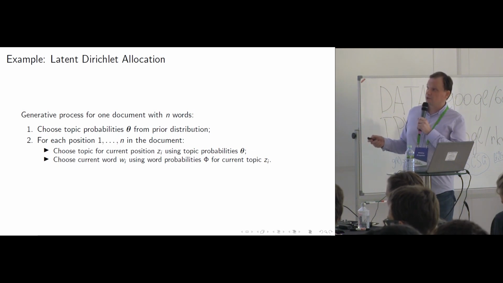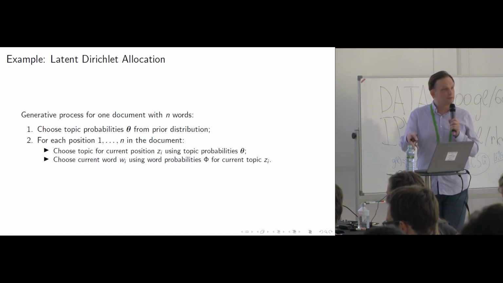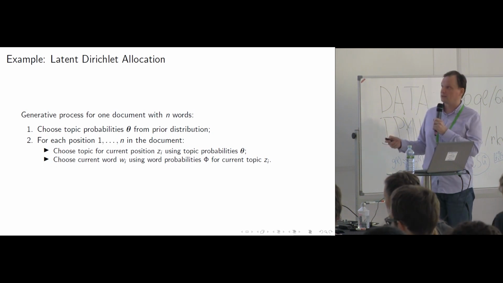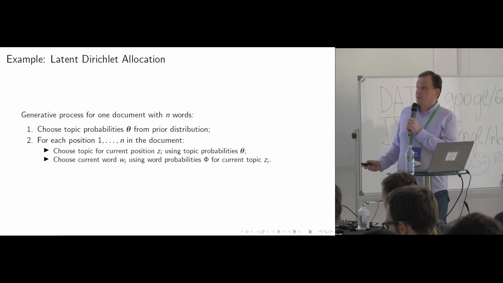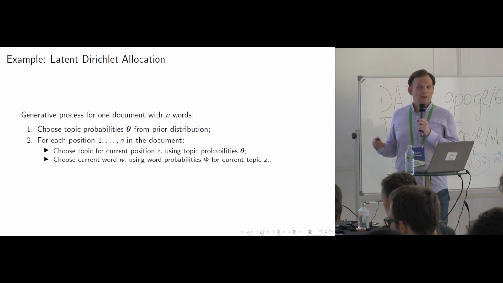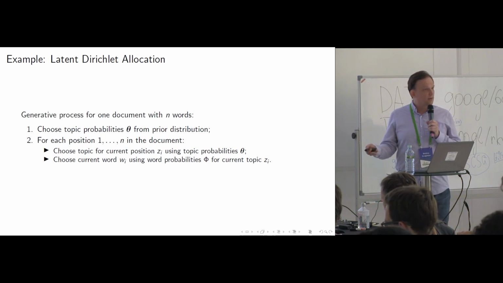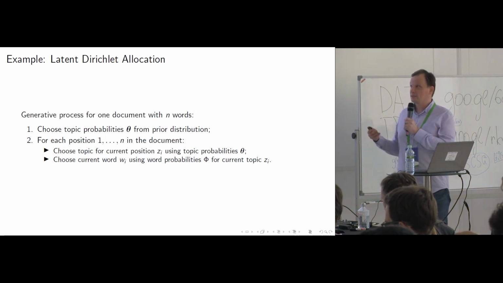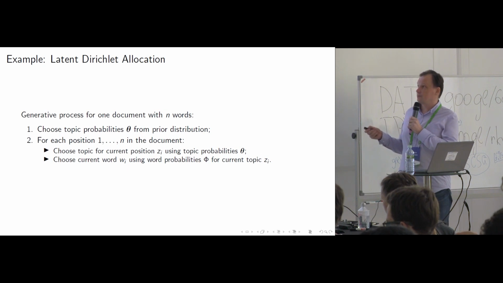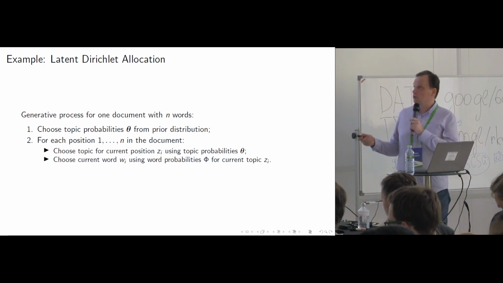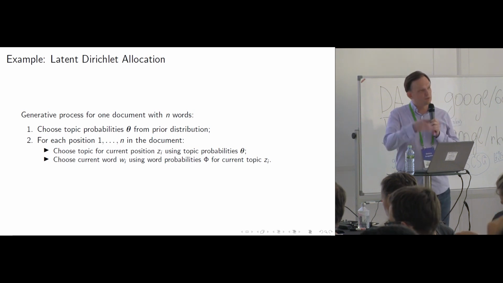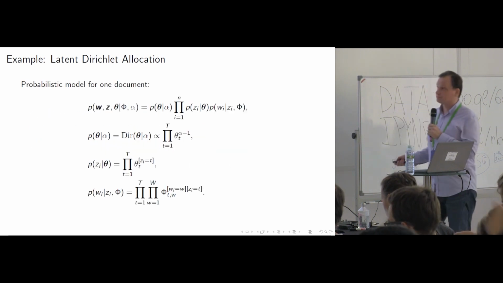And then we generate the particular word in this position using the probabilities of words within the selected topic z_i. Very simple. If we have a collection of documents, we want to estimate the probabilities of words in each topic, and also the assignments of topics within each document.